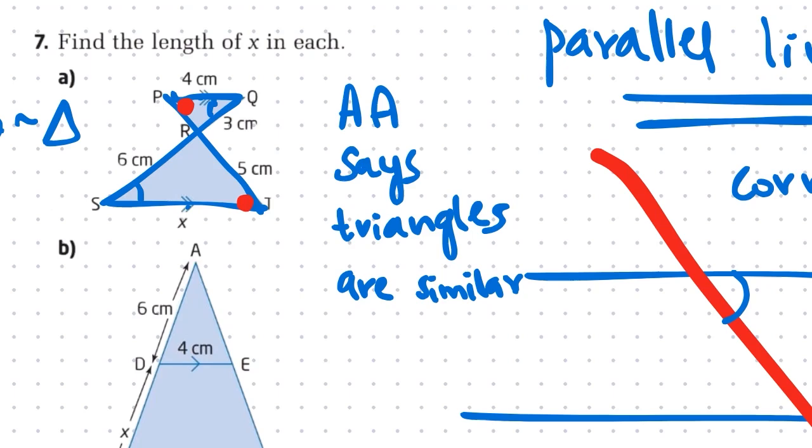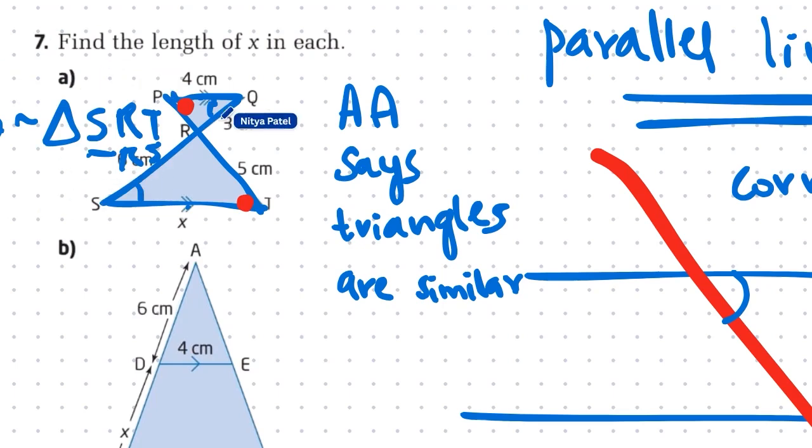So PRQ corresponds to, see, the order in which we are writing is important, correct? So on the left, this P should correspond to what?